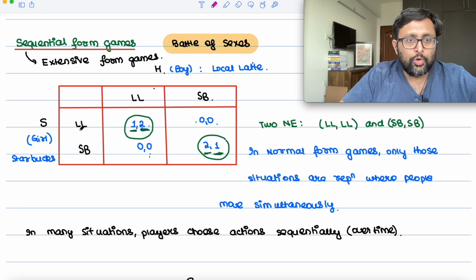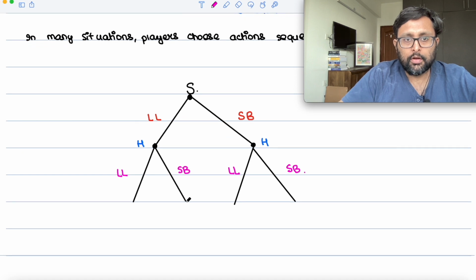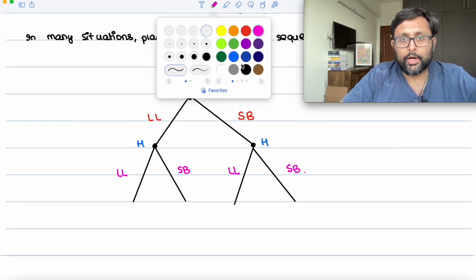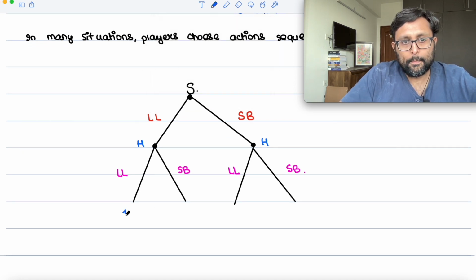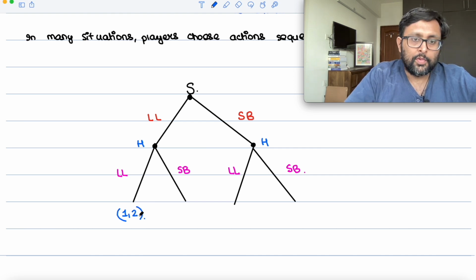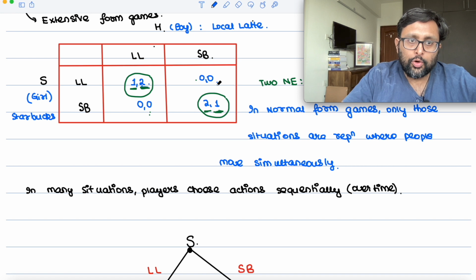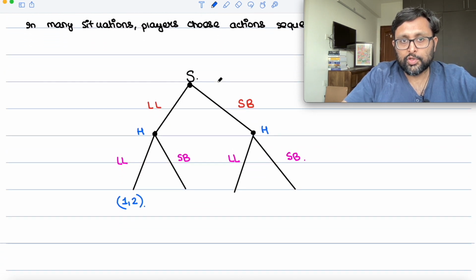If she goes to local latte and he also goes to local latte, then the payoffs are 1, 2, right? If she goes to local latte but he goes to Starbucks, neither of them is going to get any payoff.